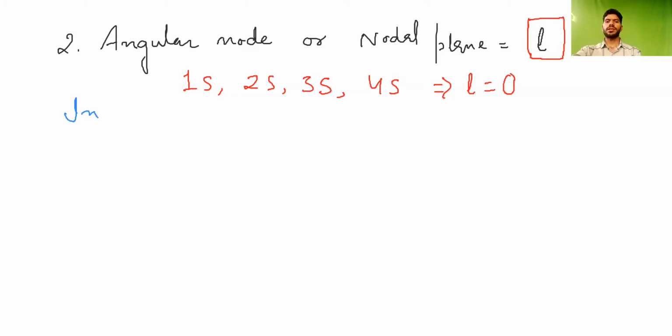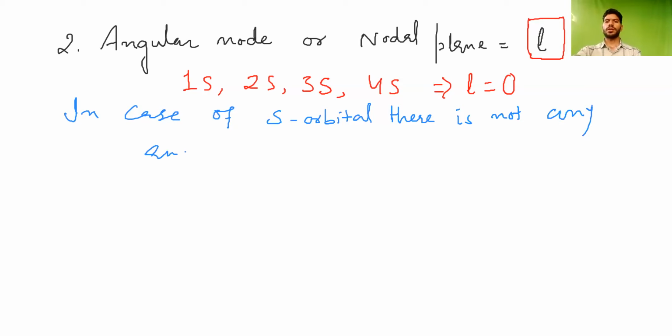So you'll write it here that in case of s orbital, there is not any nodal plane, or what we can also call it, there is not any angular node. Got it? So have you got it?